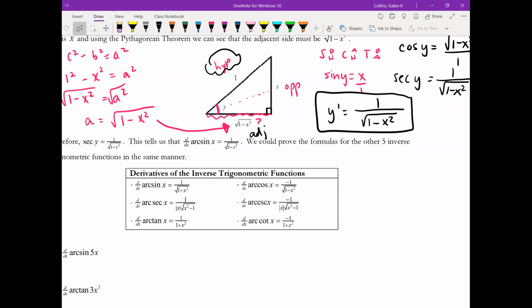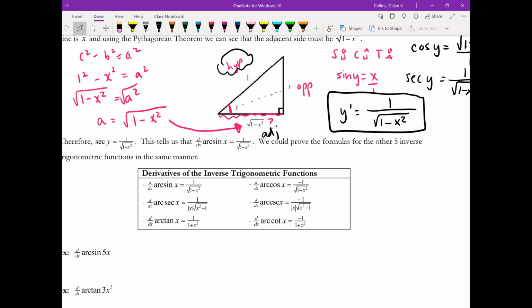So what I recommend is memorizing the ones on the left and connecting those to the ones on the right, because some really familiar stuff happens here that relates to our derivative rules of trig functions. So we already dealt with the arc sine of x, and we got 1 over the square root of 1 minus x squared.